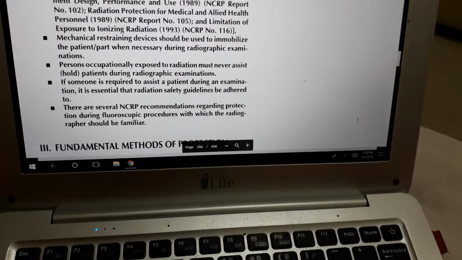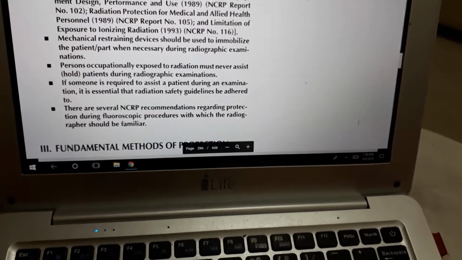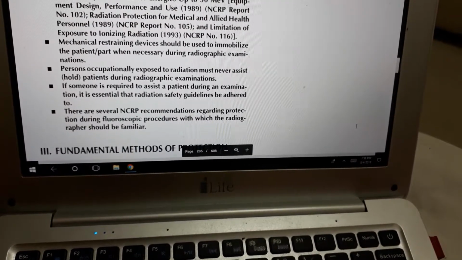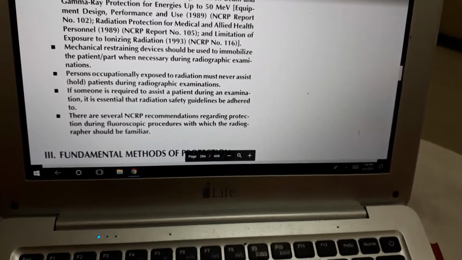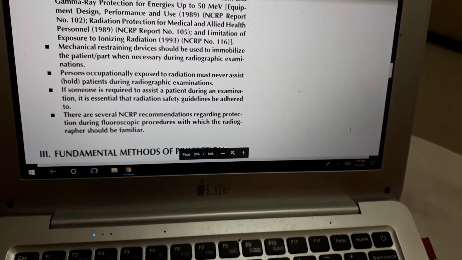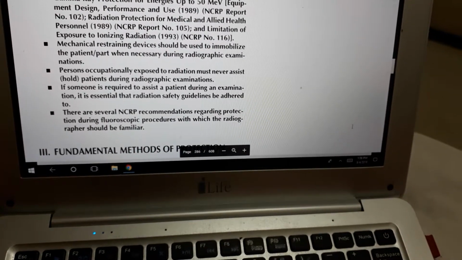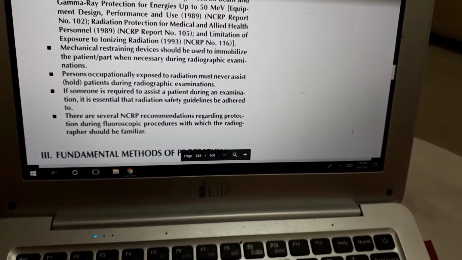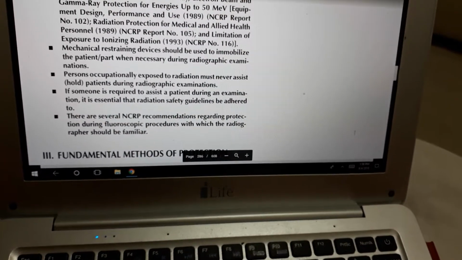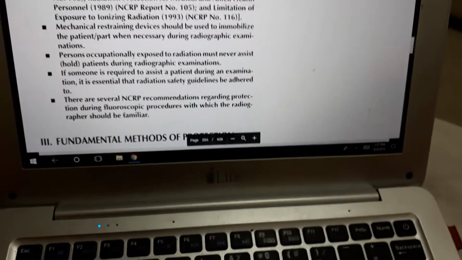If someone is required to assist a patient during the examination, it is essential that radiation safety guidelines be adhered to. There are several NCRP recommendations regarding protection during fluoroscopy procedures with which the radiographer should be familiar.